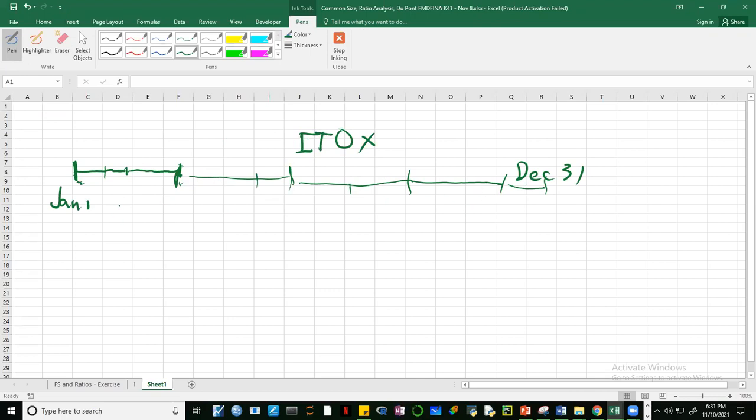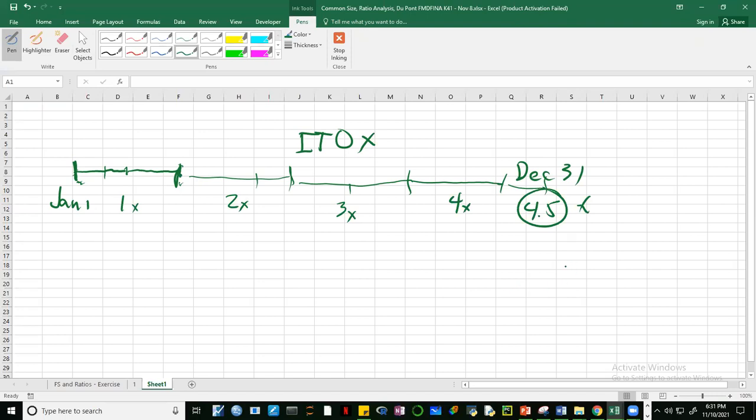So dito, once, one time, pangalawa to, pangatlo, pang-apat, okay? So sabihin natin pang-apat at kalahati. So if the inventory turnover is 4.5 times, it means that a company is able to turn over its inventory 4.5 times a year. Okay?